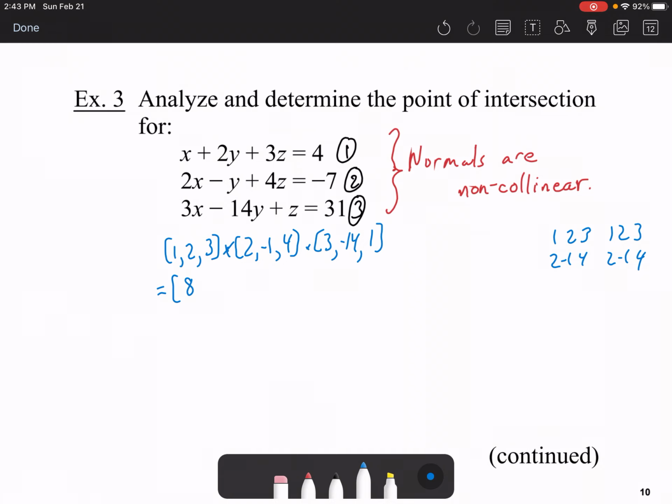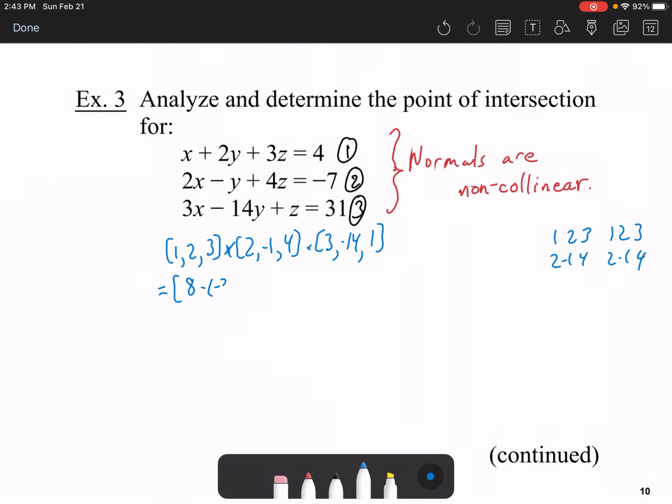So in this case, I get 8 minus -3, 6 minus 4, and -1 minus 4. I'm going to dot this with 3, -14, and 1. Okay, so this is 11, 2, -5, dotted with this vector 3, -14, and 1.